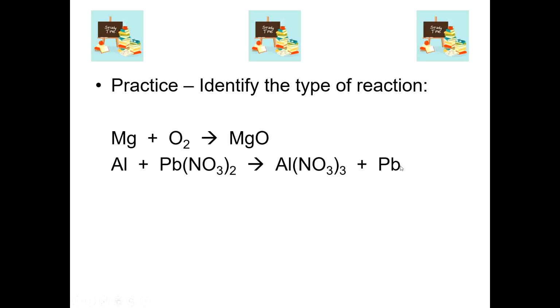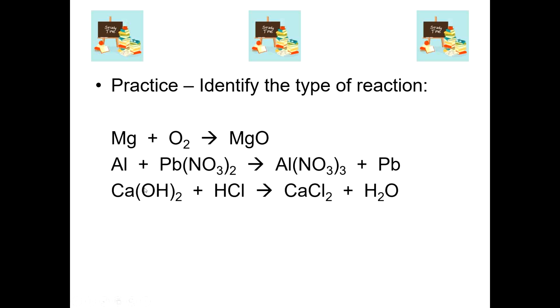So anytime you have something single on both sides of the arrow, that is a single replacement reaction. In this next example, we have 4 compounds, and you can see that calcium and hydrogen switch places to make water and calcium chloride. So this is a double replacement reaction, when you start with 2 compounds and you end with 2 new compounds.